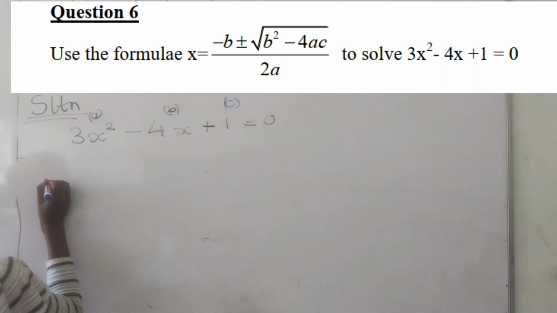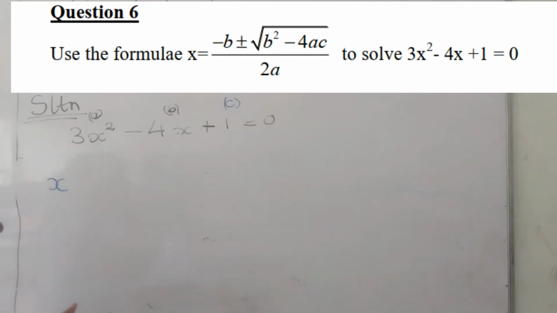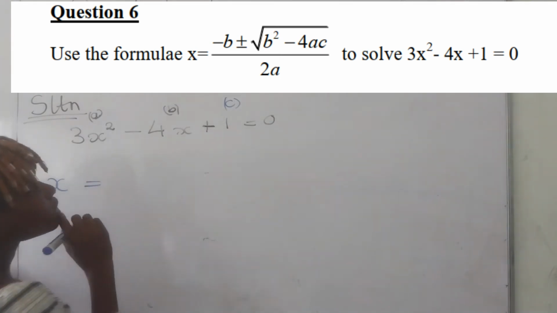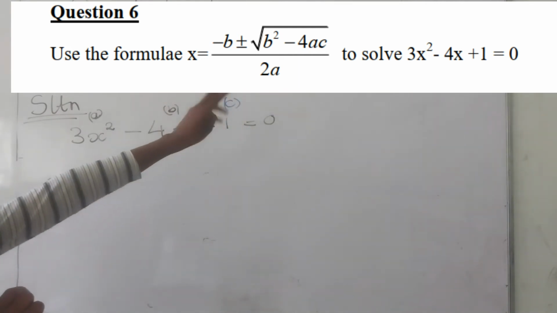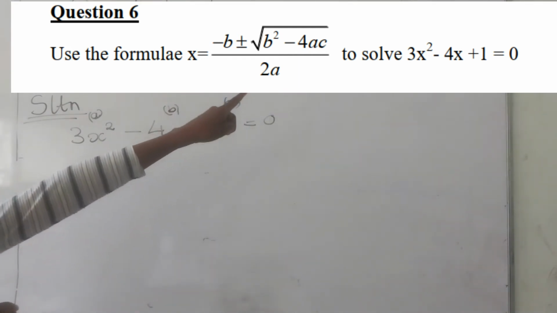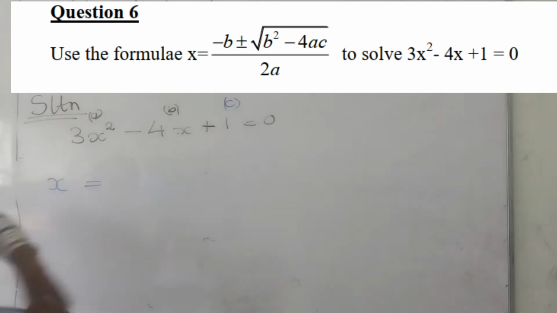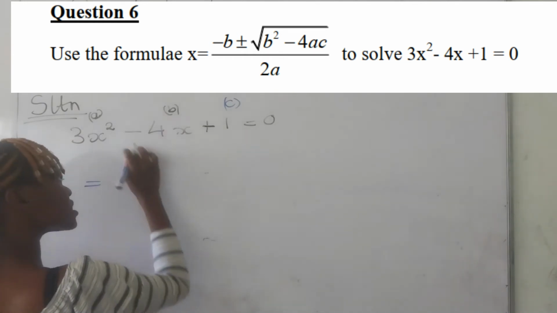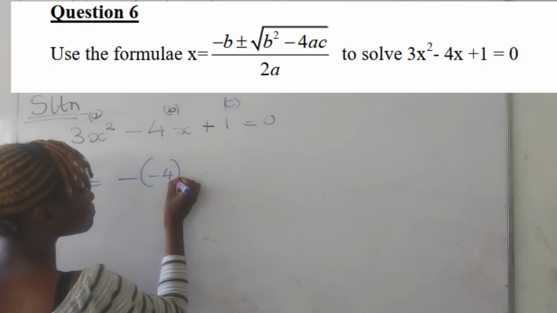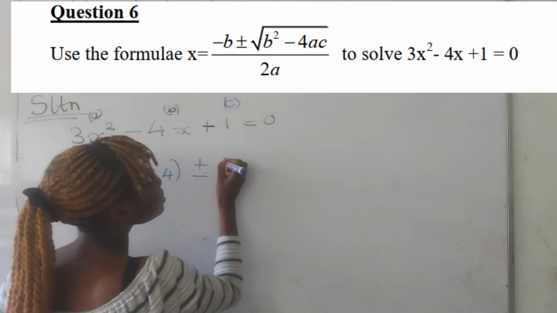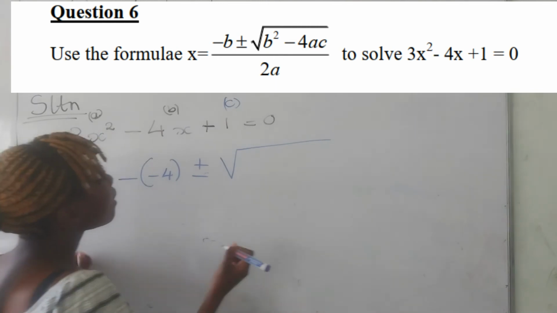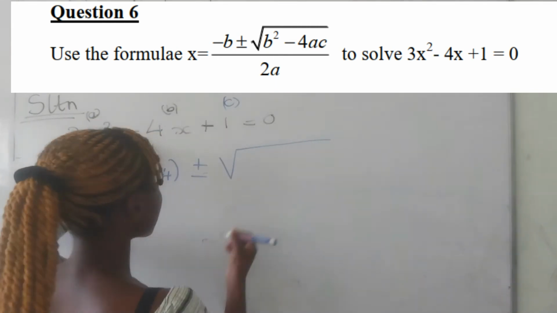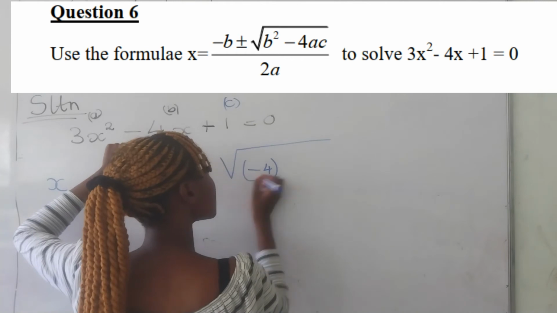So I'm going to say for us to obtain x, this is just a process for us to obtain x, not as we were doing in those other sums. So it's x equals minus b plus or minus root of b squared minus 4ac all over 2a. So we substitute, we get minus, this is our b, minus b, you put with the sign, minus 4, plus or minus root of, we put again b, that's minus 4 in brackets squared.